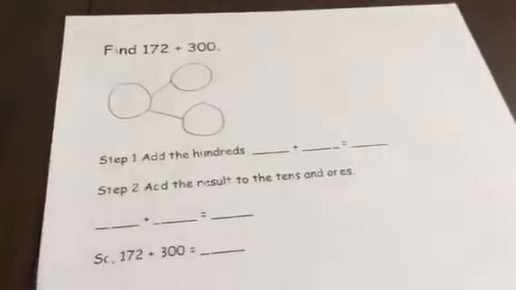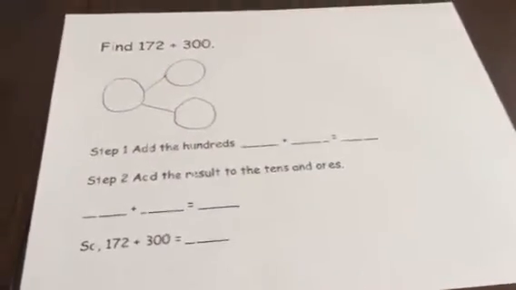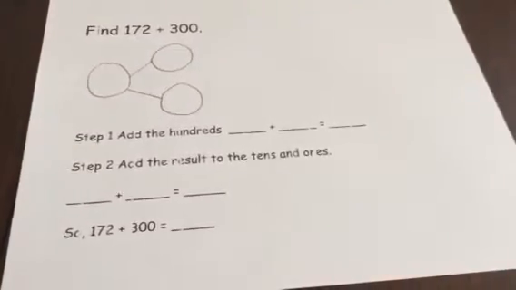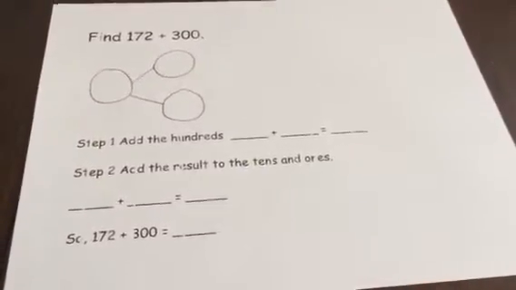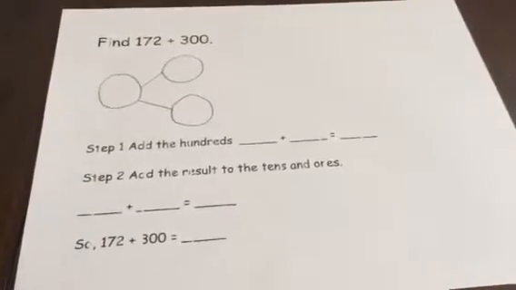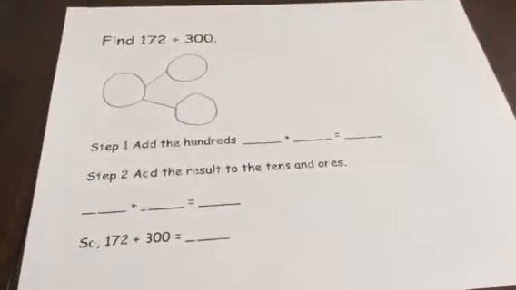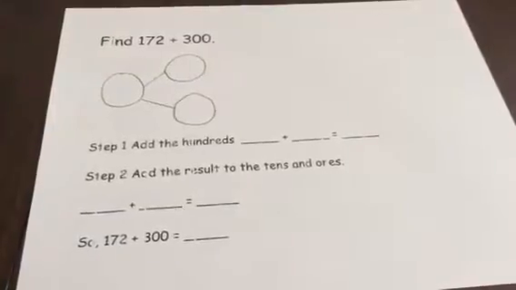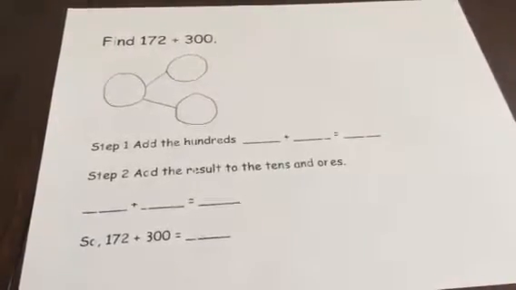Okay, boys and girls, we are now on our final sample problem for this lesson. This final sample problem, we are going to use the add the hundreds strategy to mentally add 172 plus 300.